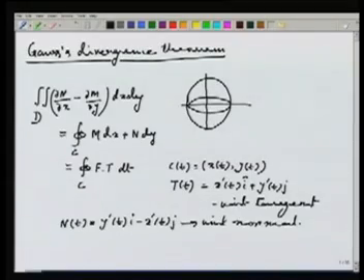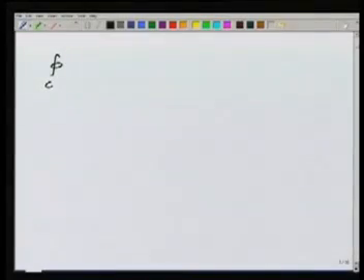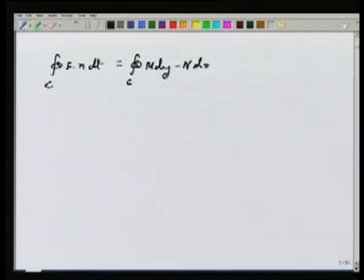Now let us look at this integral, the integral over C of F dot n dt. Instead of F dot T dt, I look at F dot n dt. So what does this mean actually? It means the integral over C of M dy minus N dx.